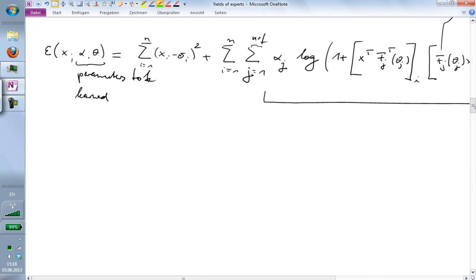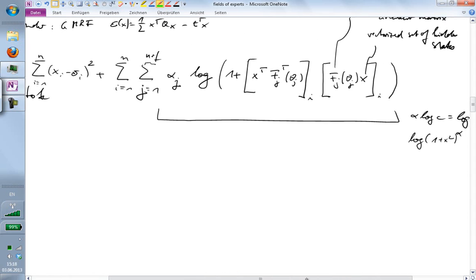So in other words, what we have here is the log of one type of a student t distribution.